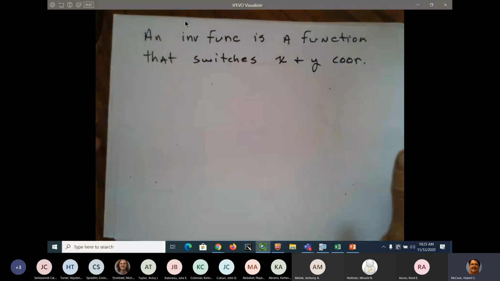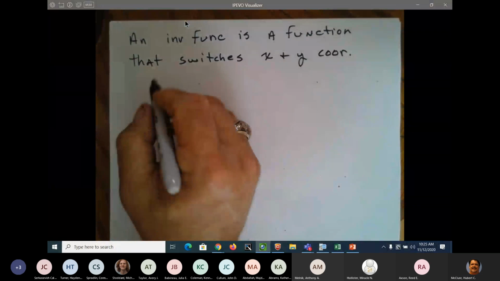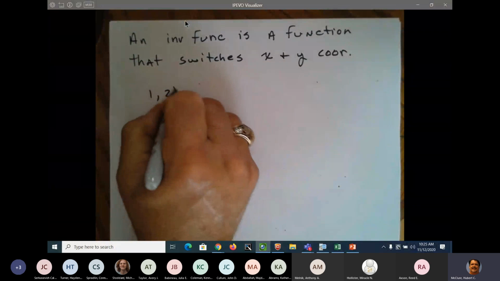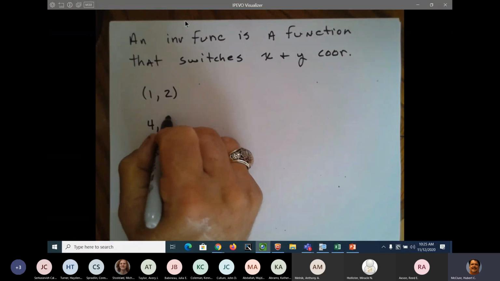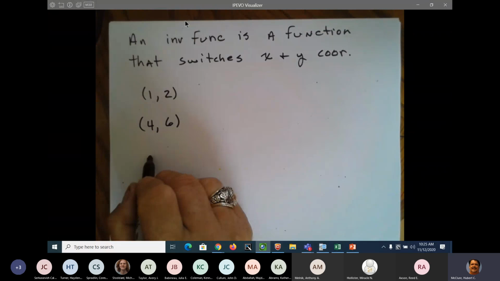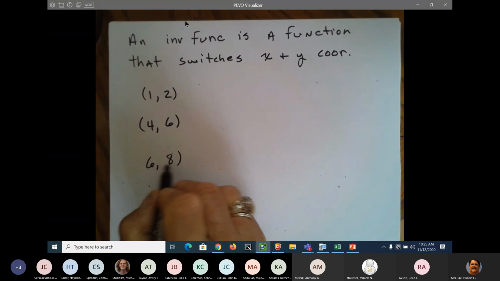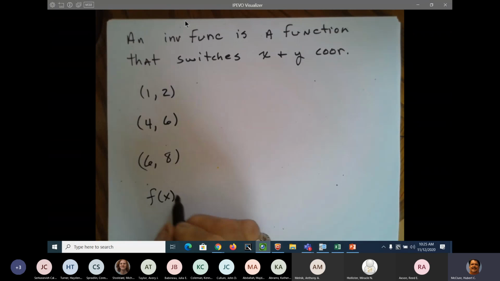Basically, if you have a function that gives you (1, 2), (4, 6), and (6, 8), let's say this is f of x.